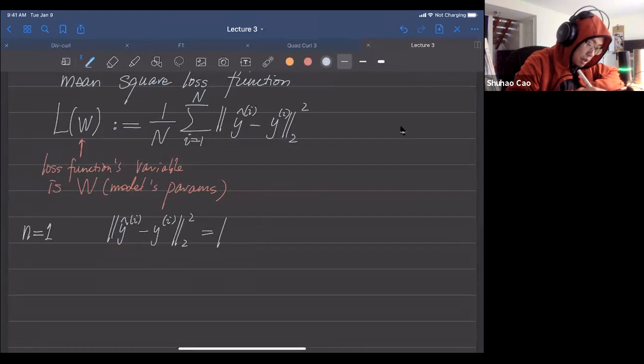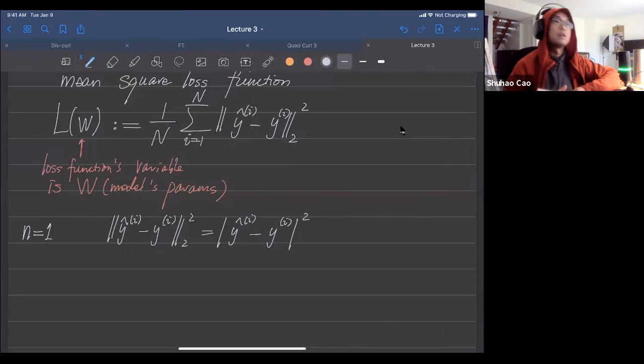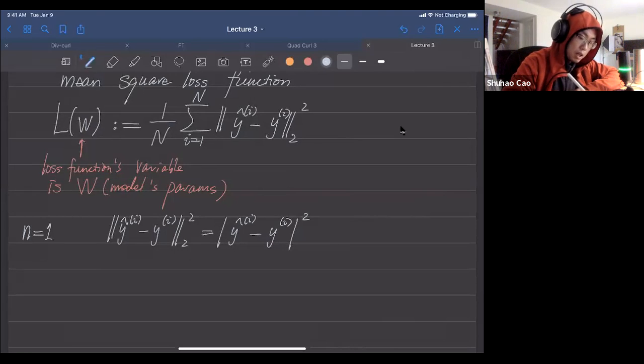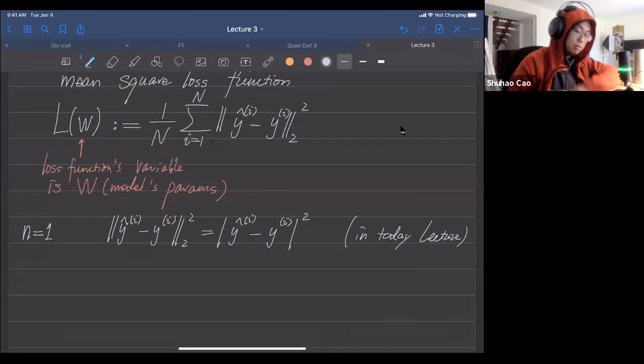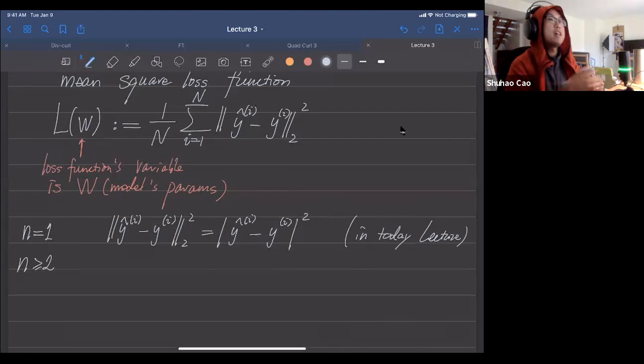So this is nothing but the absolute value of the difference, and then we take the square, and this will be in today's lecture. When we have dimension greater than or equal to 2, this is just the 2 norm.